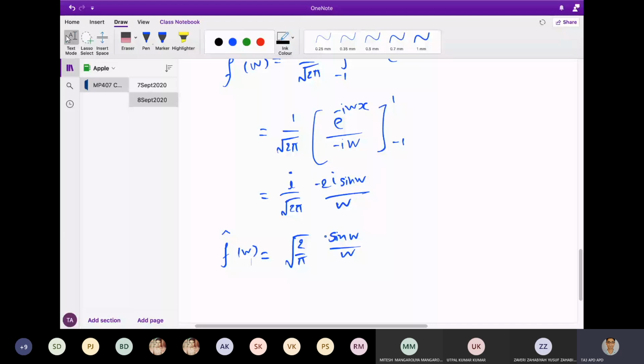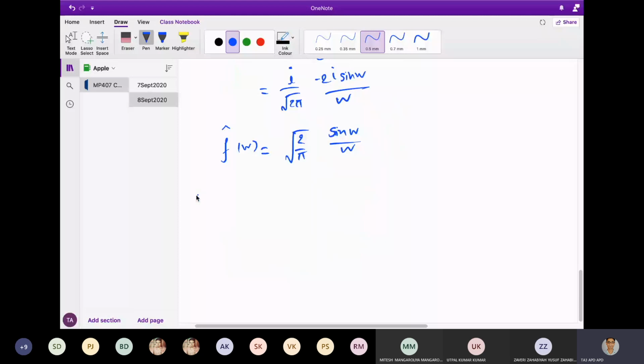Similarly, let's take one more example, and then we'll just define in brief the DFT and FFT. What is DFT and FFT? So the Fourier transform of f of x equal to e to the power minus ax for x greater than 0, and for x less than 0 the function is 0, and a is positive.